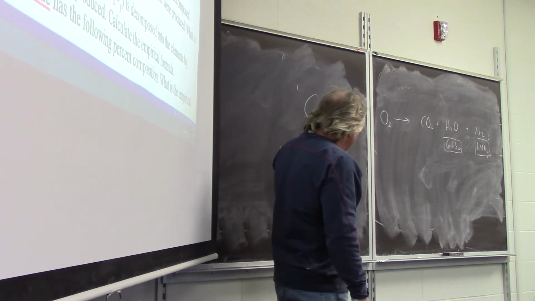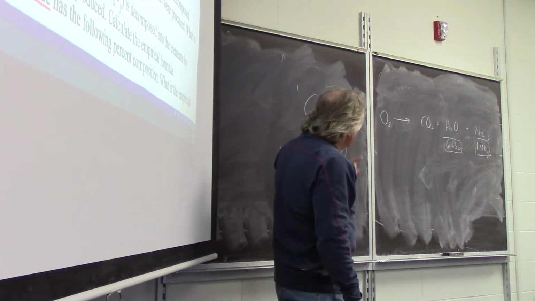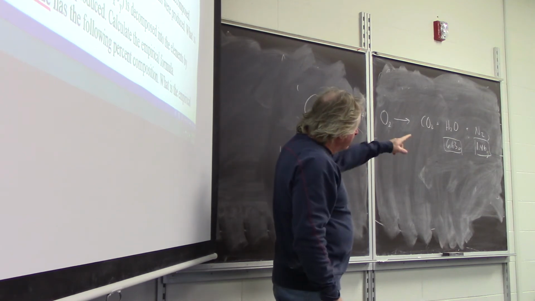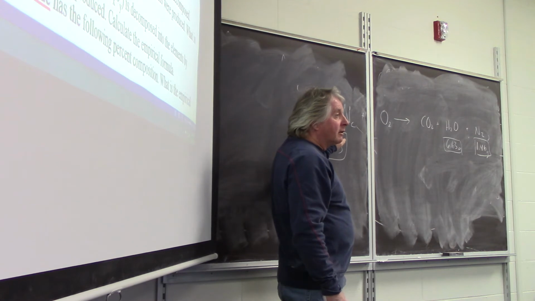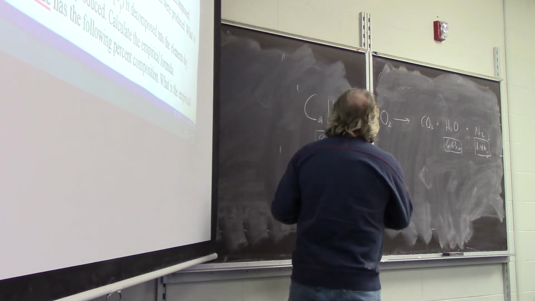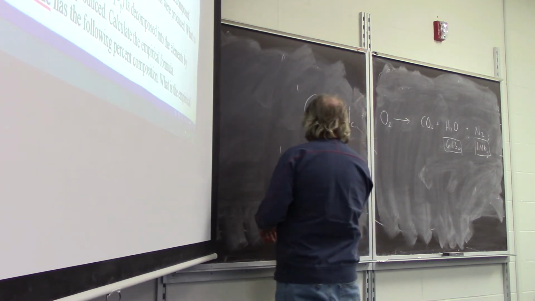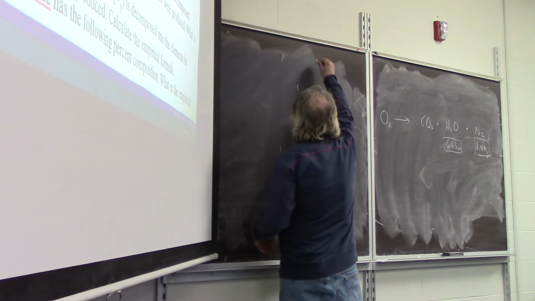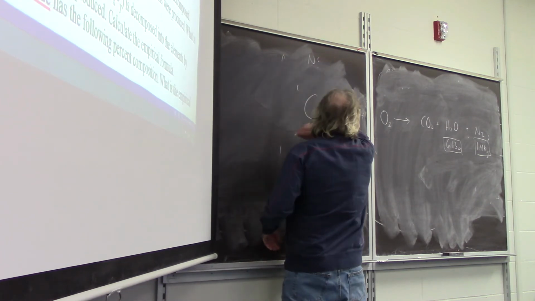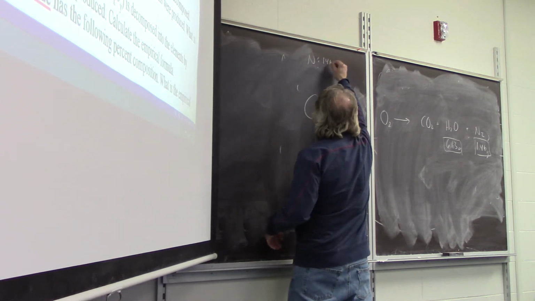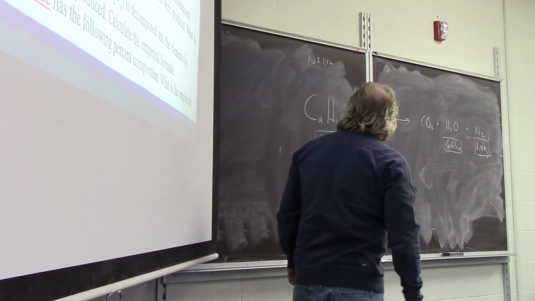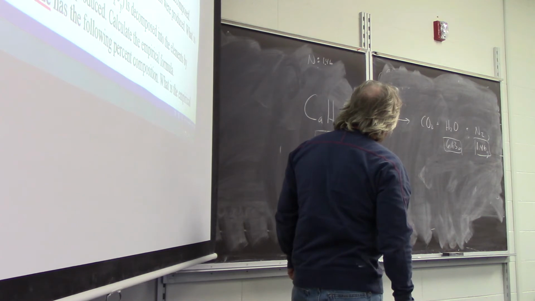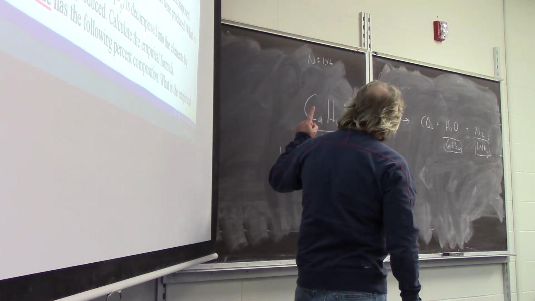All right, but we can figure some things out. First of all, all that nitrogen had to come from this guy, right? So right off the bat, I know that the nitrogen composition is going to be 1.46. What is the other information?